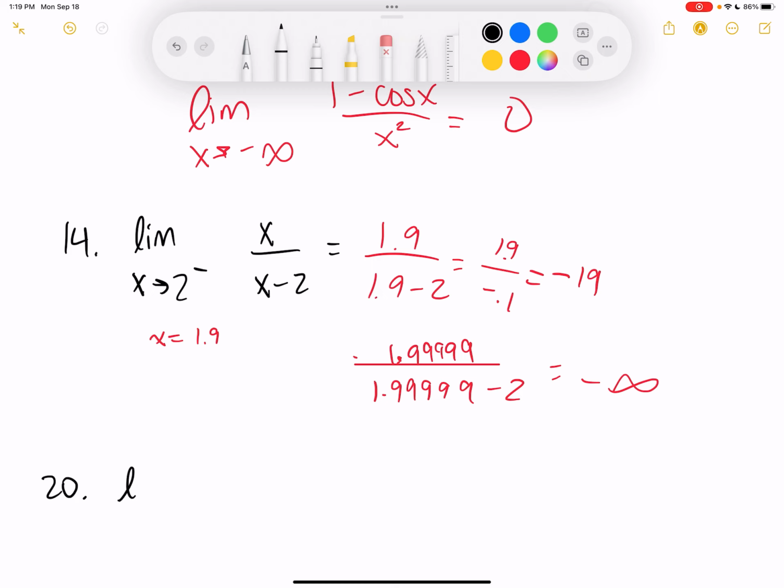The limit as x approaches pi over 2 from the right of secant of x.